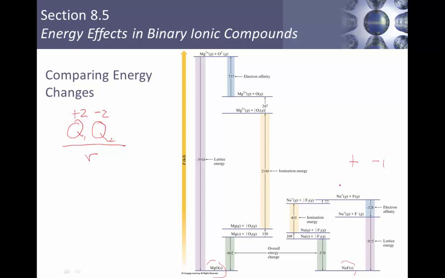And so that's why this one's energy change is not as great as this one, because of the smaller charges involved. So the key thing to remember in these binary ionic compounds is that lattice energy releases a lot of energy when the ions bond, and it's what creates the stability in that ionic compound.